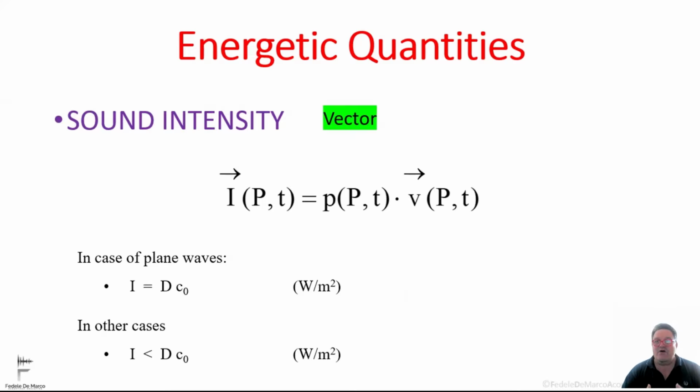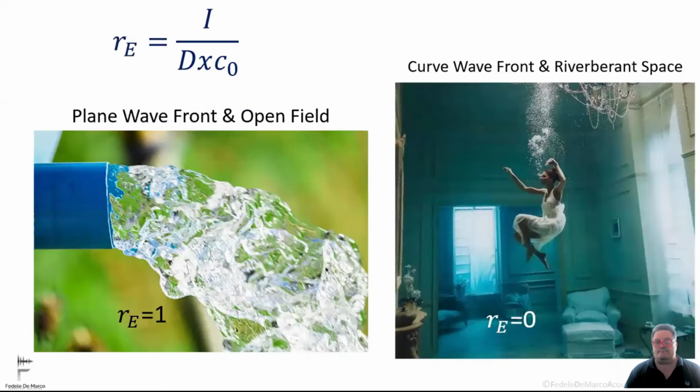We have almost always interactions with walls, with boundaries, with the room in general. Sound produces reflection, and the wavefronts are curved. In these cases, in reality, the intensity is always less than the product of density and velocity of sound.